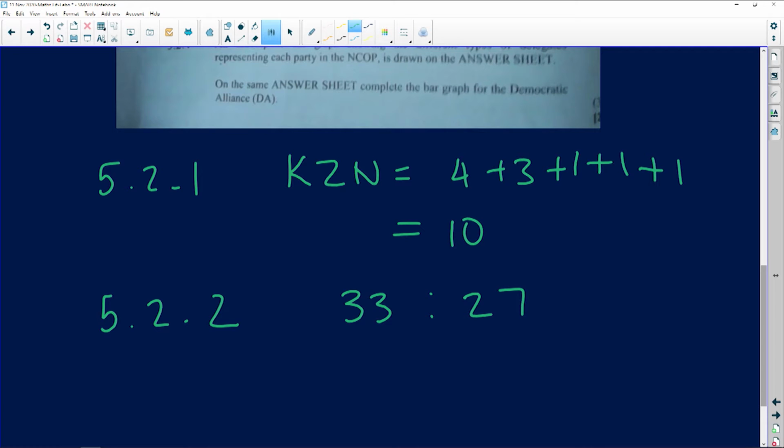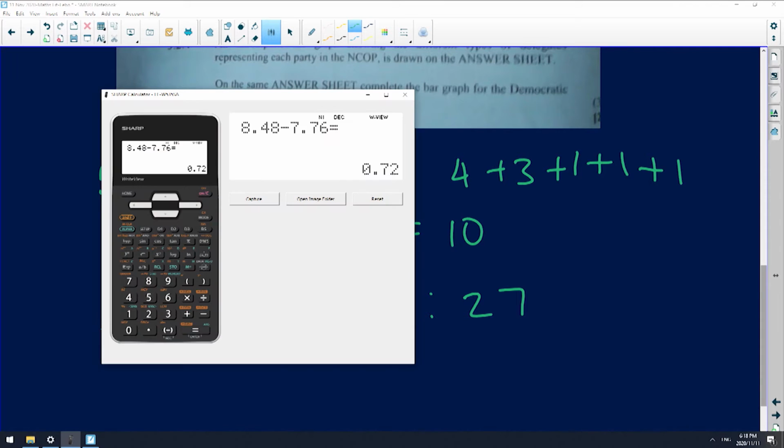33 is to 27. Whenever we want to see if something is in its simplest form, you can use your calculator. In this particular case, what I want to do is use the number 3. It has to be a number that goes into both numbers without leaving a remainder. So let's see if 3 will work for both numbers. 33 divided by 3 is 11.